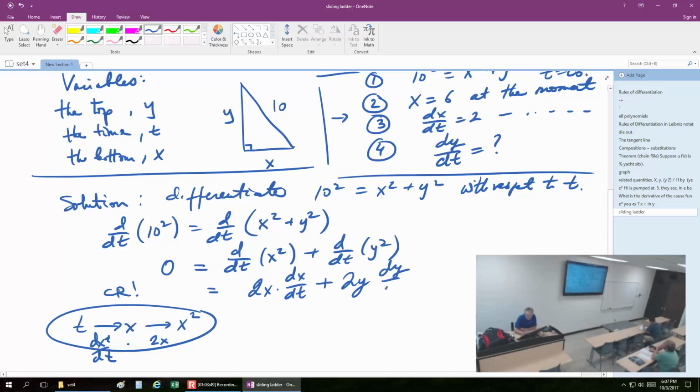All right, and then let's substitute. dy/dt is to be found. x is 6, dx/dt is 2. So all the variables are known with one exception, that we need to figure out what y is. How do we find y?